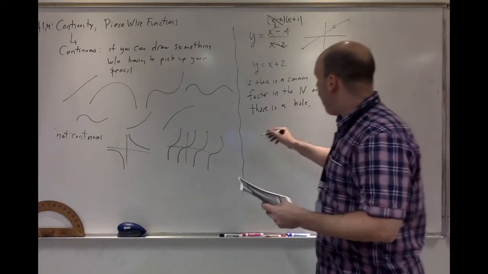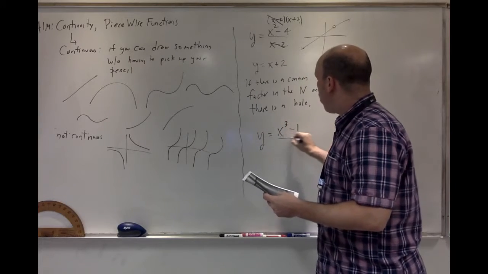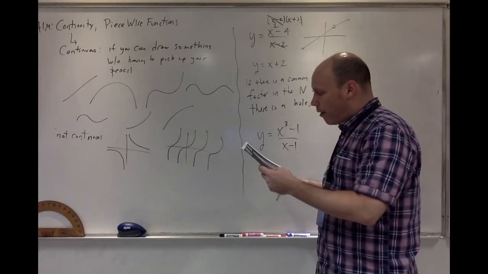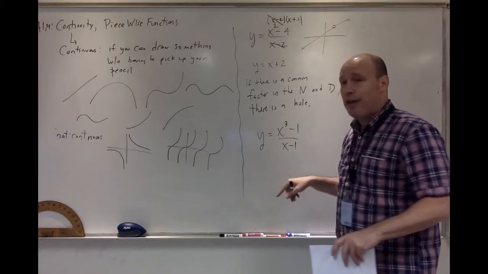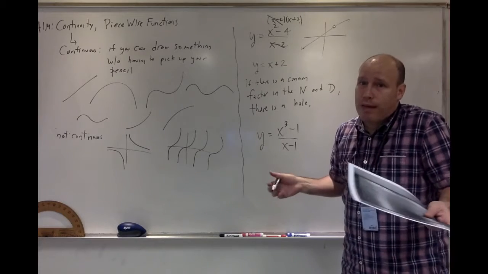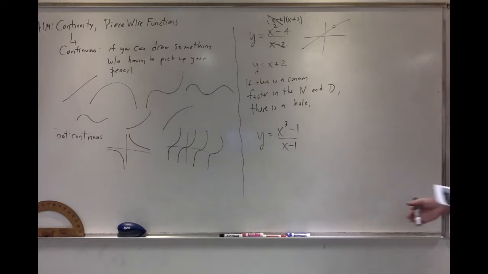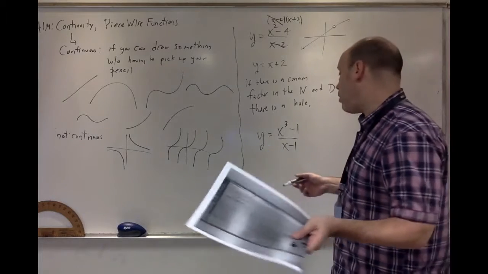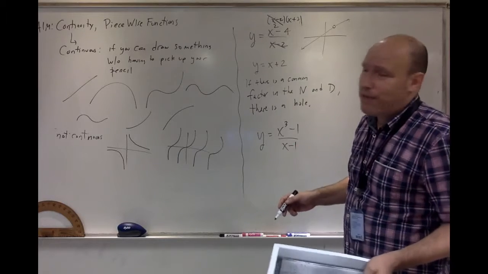For example, how about this one? Y equals x to the third minus 1 over x minus 1. Now we know that x minus 1 is a factor of x cubed minus 1. So let's see what we can do. Take a second. Okay, we're back. Well, you can either go old school or you can use synthetic division.